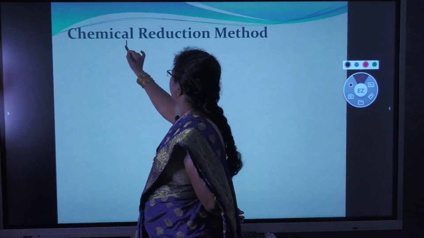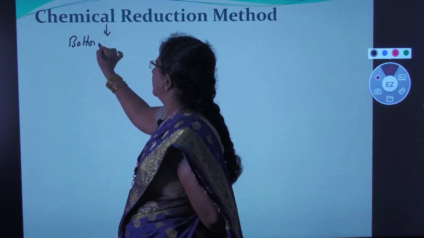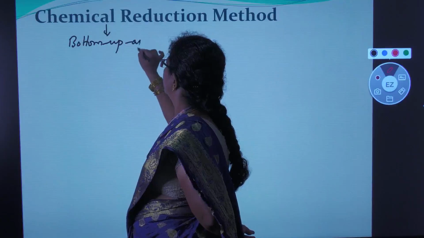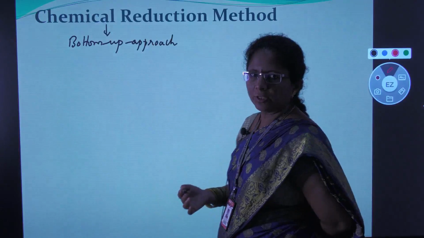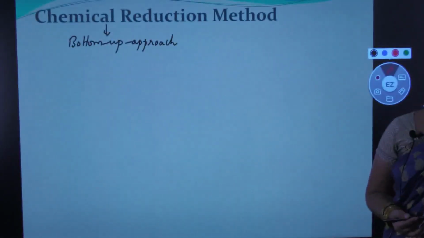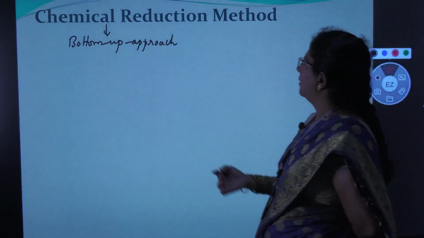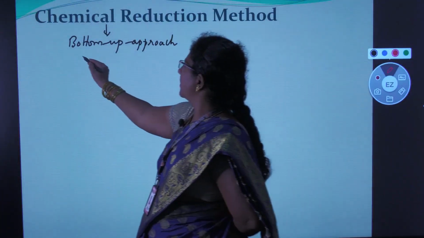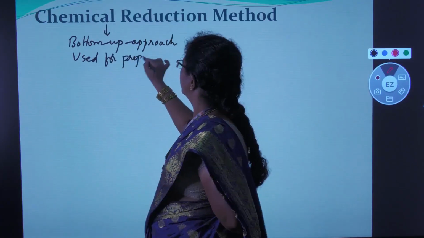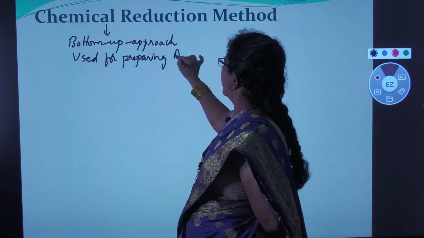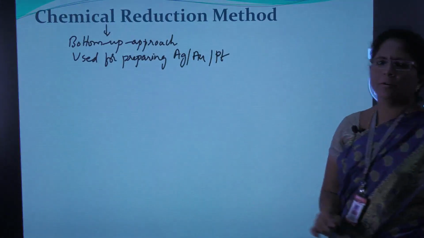So this chemical reduction method will come under the bottom-up approach. Earlier, the sol-gel method also comes under the bottom-up approach, but the sol-gel method is used for the preparation of metal oxide nanoparticles, and this chemical reduction method is used for the preparation of silver nanoparticles, gold nanoparticles or platinum nanoparticles.